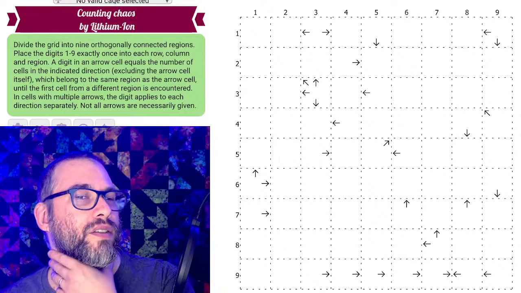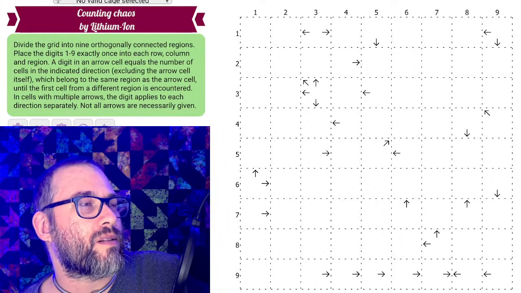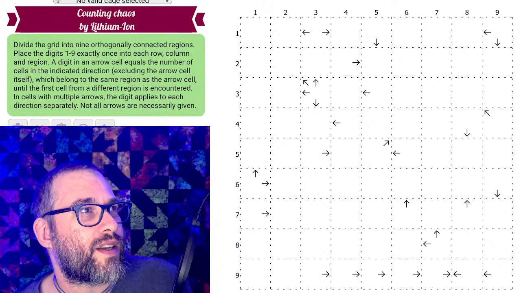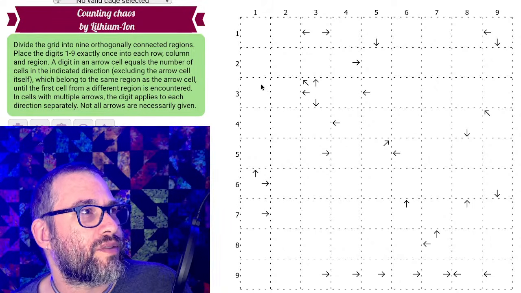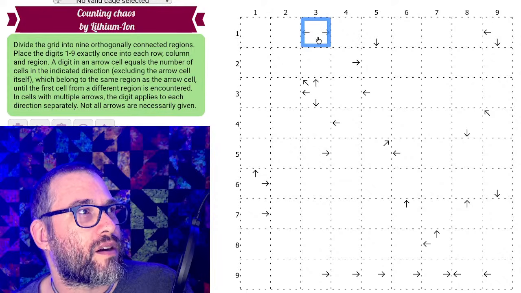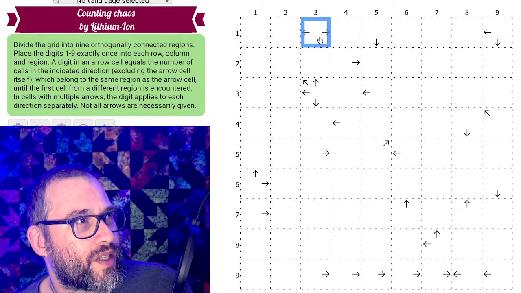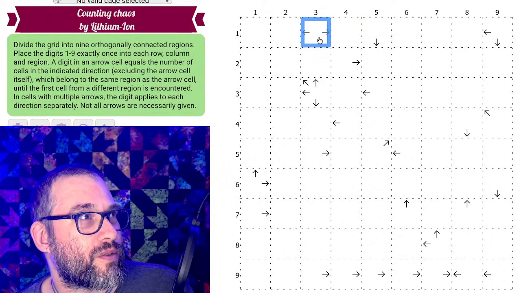Okay. So, chaos construction. Divide the grid into 9 orthogonally connected regions. Place the digits 1 to 9 exactly once in each row, column, and region. A digit in an arrow cell equals the number of cells in the indicated direction, excluding the arrow cell itself, which belong to the same region as the arrow cell until the first cell from a different region is encountered.